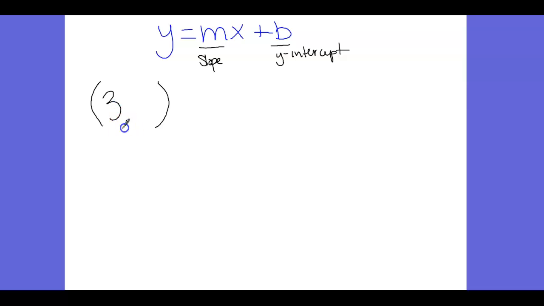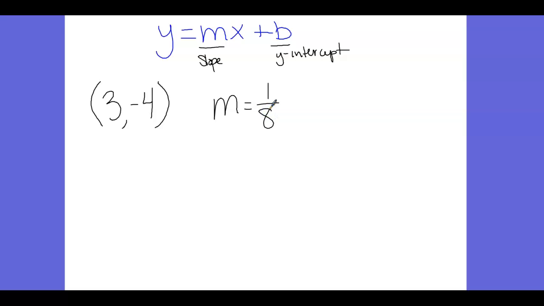So 3, -4, and then go back to task number 3. Tell me, what did you calculate the slope for your help center to water slide? I got 1/8. Okay, so that's what you need to solve for this one.